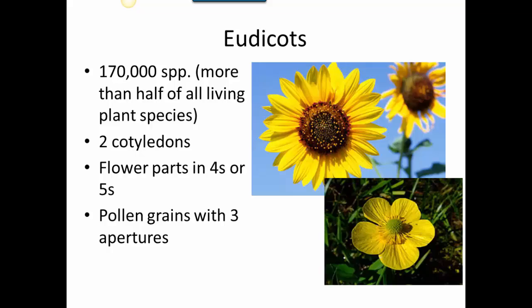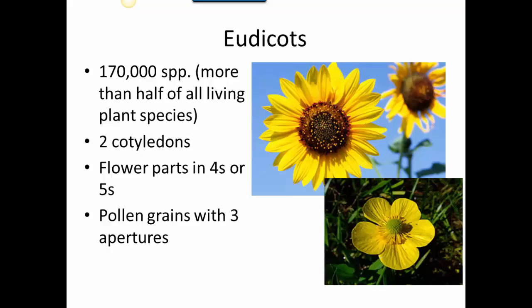Now let's take a look at the other large group of angiosperms, the eudicots. There are around 170,000 species of eudicots. So more than half of all living plant species are eudicots. So this is a huge group.